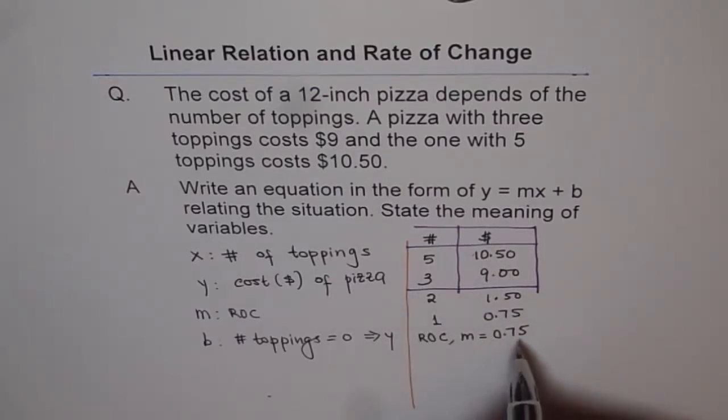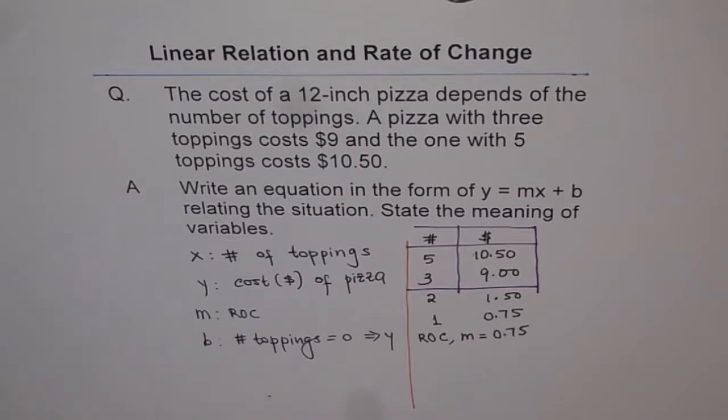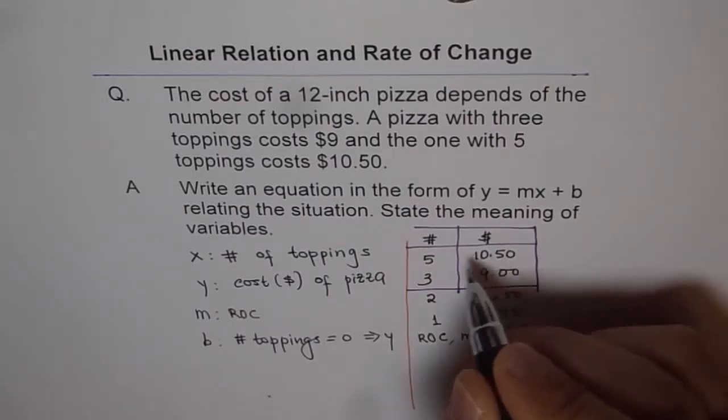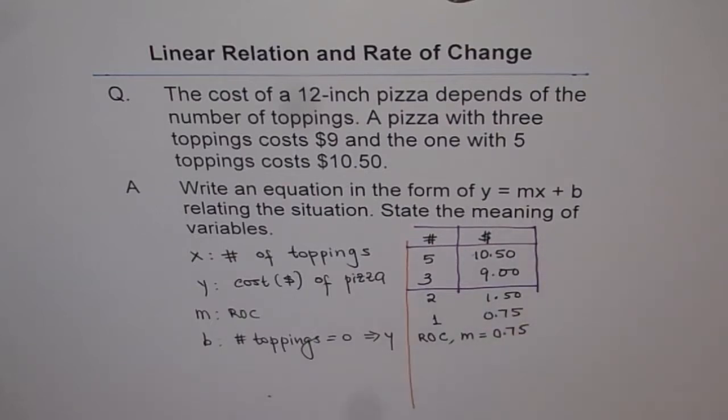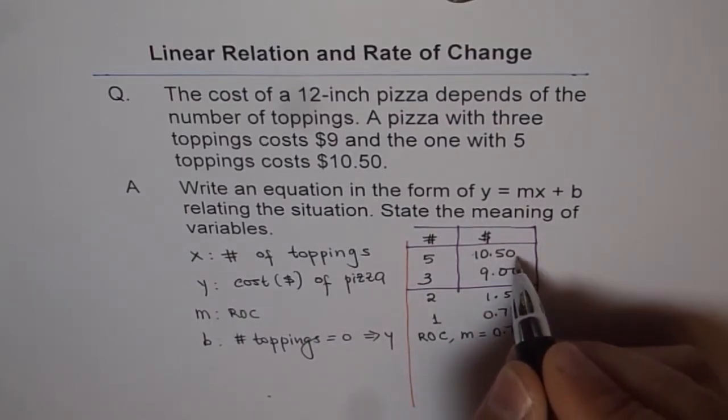So if 75 cents is the cost of 1 topping, then 5 will cost how much? That is one way of doing it, and we can take away that cost from $10.50. Now let's find the cost of just the toppings, since this includes the cost of pizza without topping plus toppings.